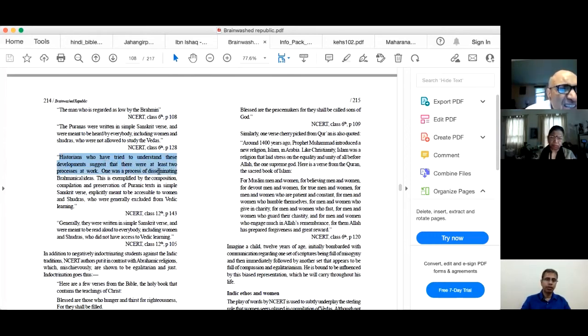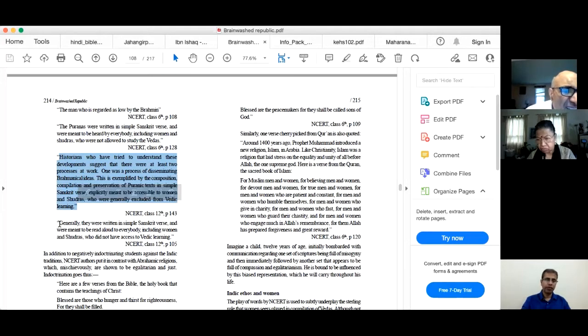One was the process of disseminating Brahmanical ideas. This is exemplified by the composition, compilation and preservation of Puranic texts in simple Sanskrit verses, explicitly meant to be accessible to women and Shudras who were generally excluded from Vedic learning.